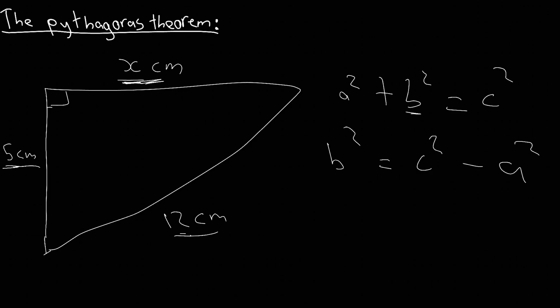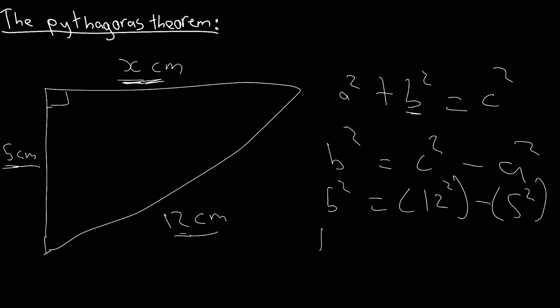So we'd make x the subject, or x centimeters is what we're finding. So b squared is equal to c squared minus a squared. Now all we need to do is just put in the numbers. So b squared is equal to c squared, which is 12 squared, minus a squared, which is 5 squared.